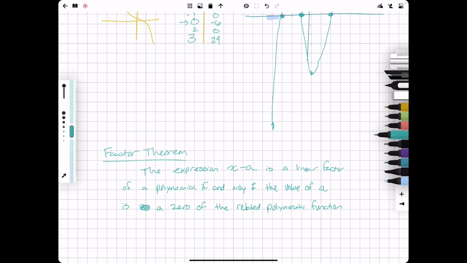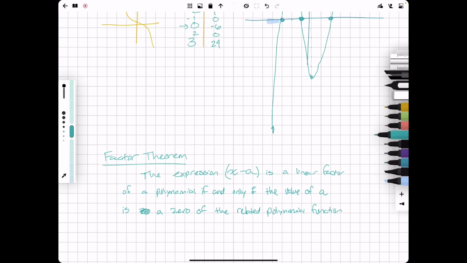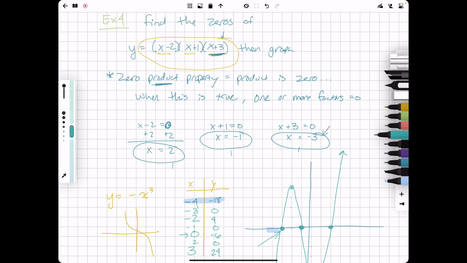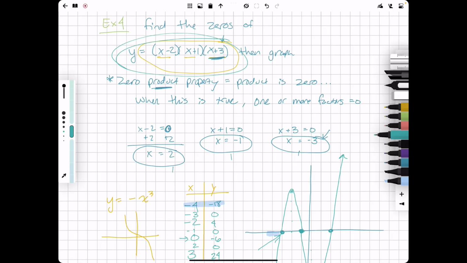In other words, what we just did, this expression here is a linear factor if it gives you a 0 in the related function. Okay?